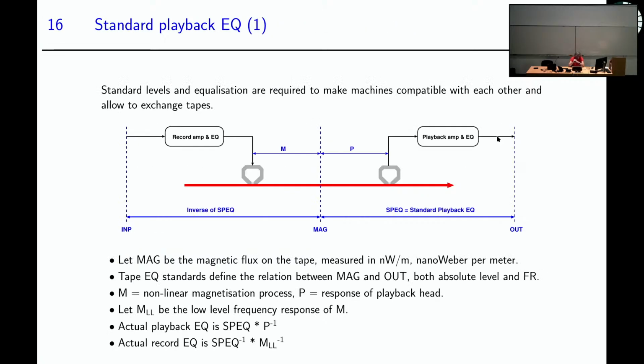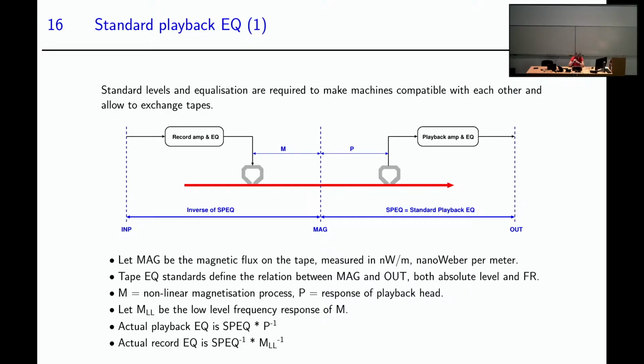So if we want a tape recorded on one machine to be playable on another machine, we need to standardize some things, not only the tape format and the speed and the track layout and so on, but also the actual relation between the magnetic signal on the tape and the output signal. And there were different standards in use in Europe and in the United States.